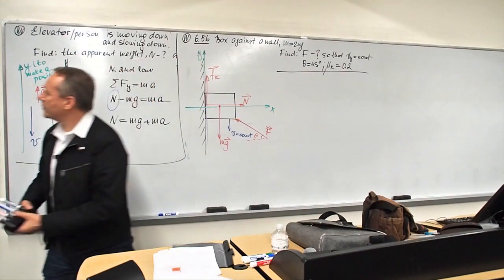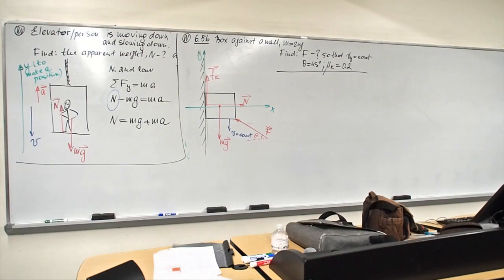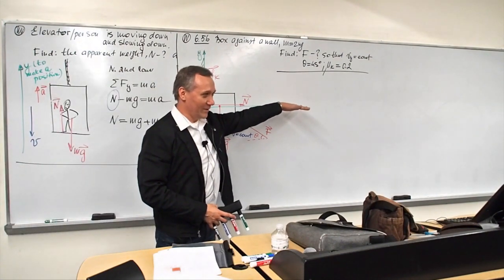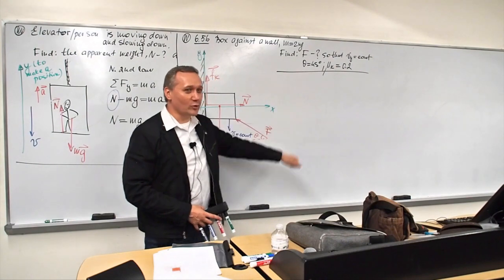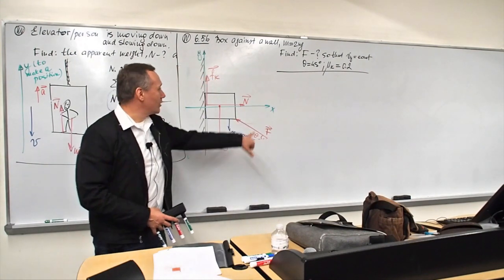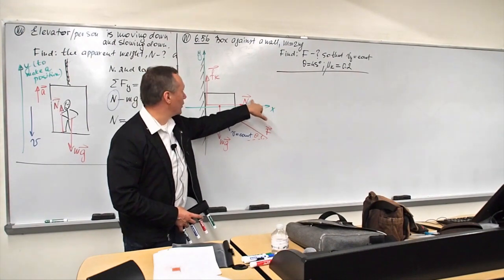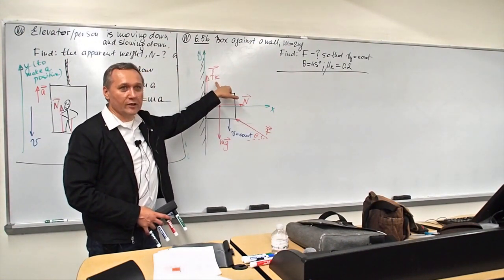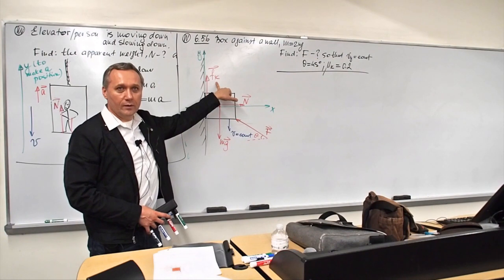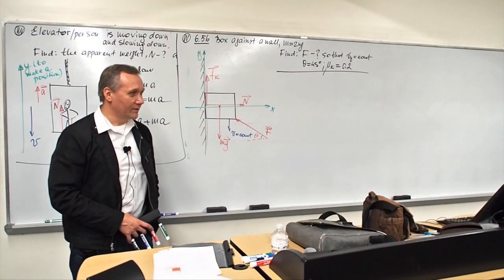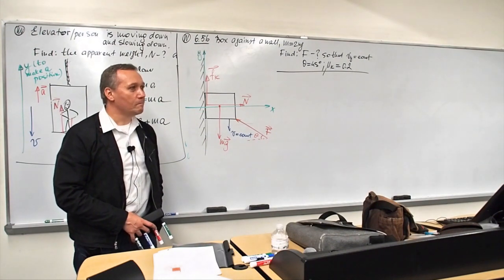And kinetic friction is equal to, where is it? Mu k N. But the normal force acts in which direction? Sorry. X, right? So it's better to start with the X direction so that we can find the value of the normal force. Then the value of the normal force will be used to find the expression for the kinetic friction. And we will be able to write the equation in the Y direction. Right? Yeah?